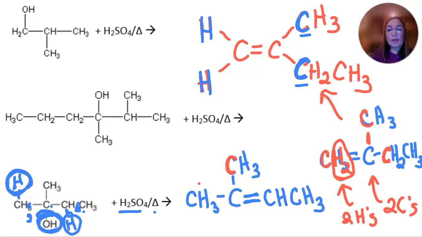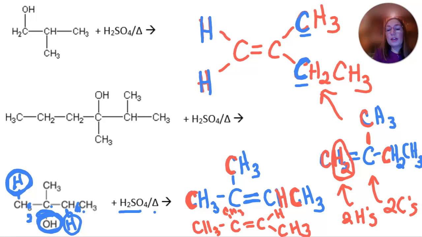So the first carbon of the double bond has what looks like two methyls coming off of it, bonded to two carbons. The second carbon of the double bond has one methyl group coming off of it and one hydrogen. And we could draw these separately as well. We could draw CH3, C, CH3, double bonded, and the C has an H, and the C has a CH3.